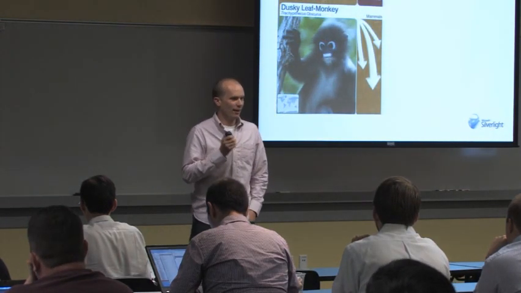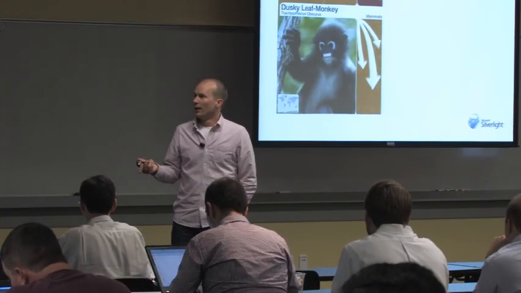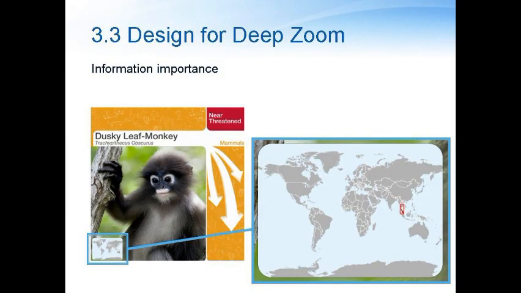Another new design problem that you have for deep zoom is information importance. I was working with some people external to Microsoft who are making a collection, and they were talking about how they're having a hard time fitting everything into the trade card.